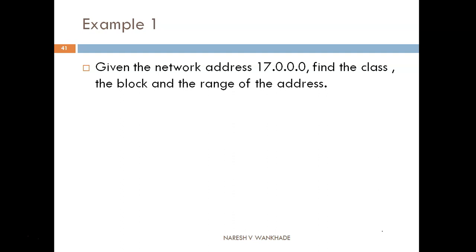Let's see an example. Given the network address 17.0.0.0, find the class, the block, and the range of addresses. What will be the class of this address? We know that class A starts from 0 to 127, so the class of this address is A. In class A, the first byte is the network ID and the remaining 3 bytes are the host ID.